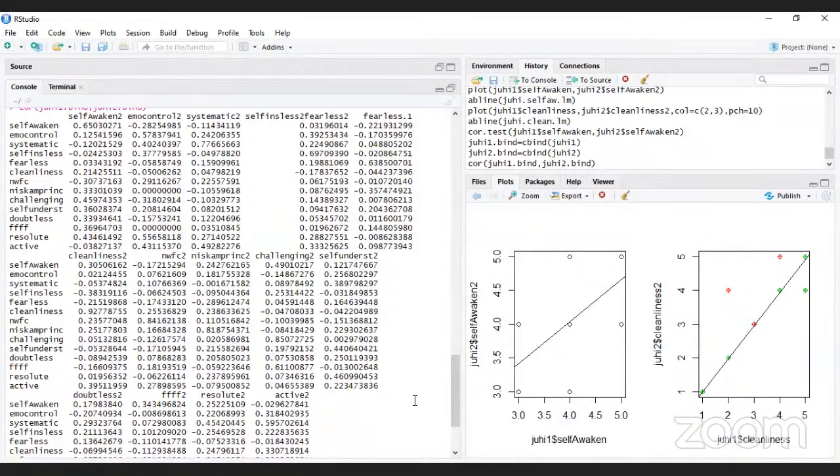Total score of what? Reliability. So that is the item reliabilities, because it measured self-awakening. Again, it measured self-awakening. Self-awakening and emotional control, the correlation is low. No, sir. The total correlation score would be only there, that is the self-awakening with another self-awakening.